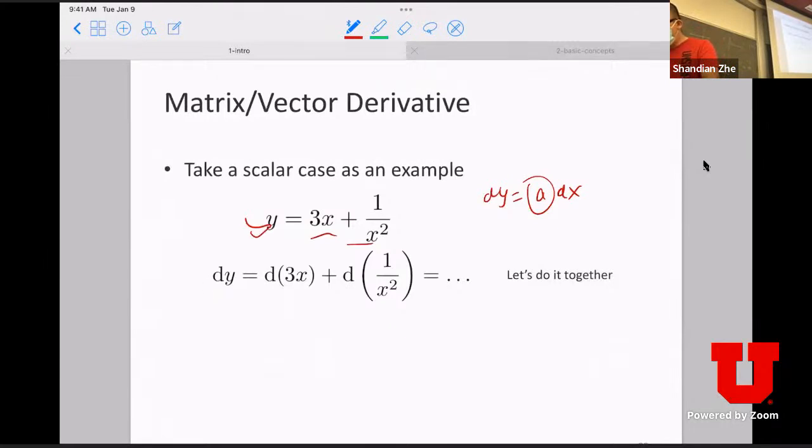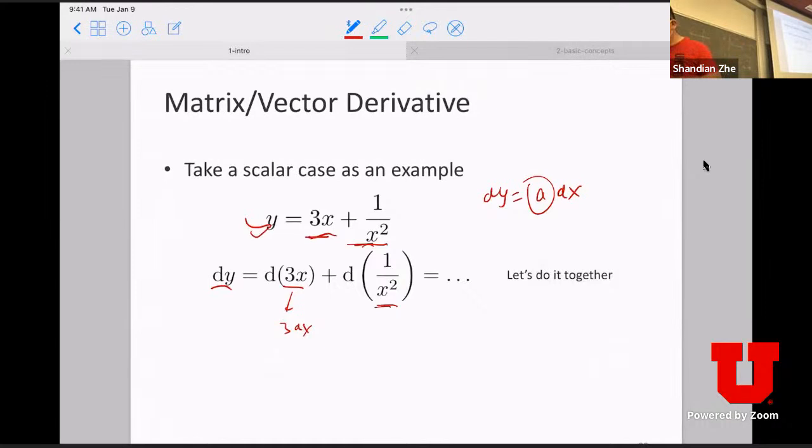If you want to take dy, you see that it's just a summation of two terms, right? That means the derivative of a summation is a summation of derivatives. You take the derivative of 3x or 1 over x squared, and then you just use this divide and conquer strategy. The derivative of 3x is 3 dx, and then you take the derivative of 1 over x squared. We have a lot of rules to do that, right?